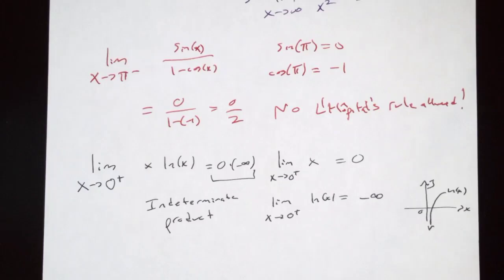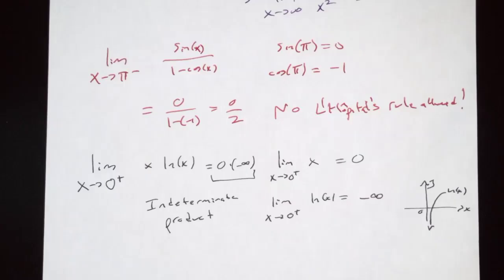You've already done this. If I want to take something that's on the bottom out of the bottom, what do I do to powers? I have an x squared in the bottom. I don't want it in the bottom. How do I write it? Which is the same as 1 over x squared, isn't it?